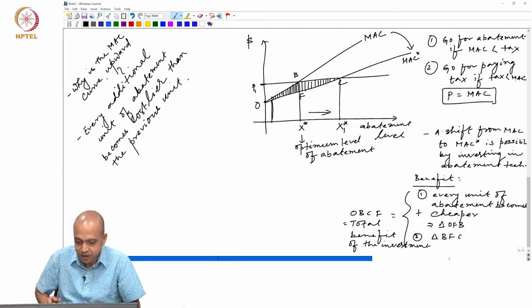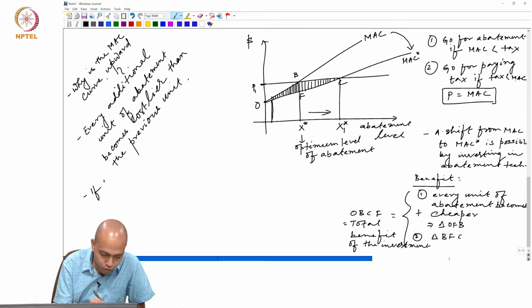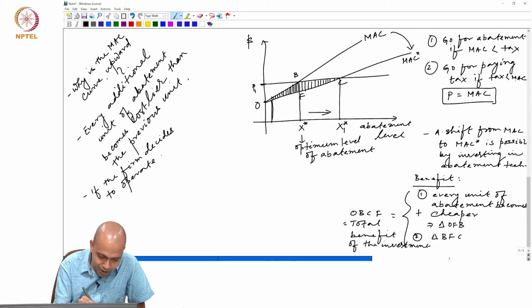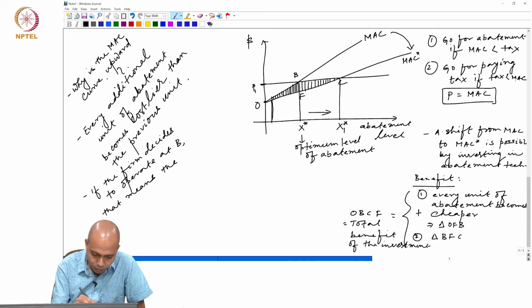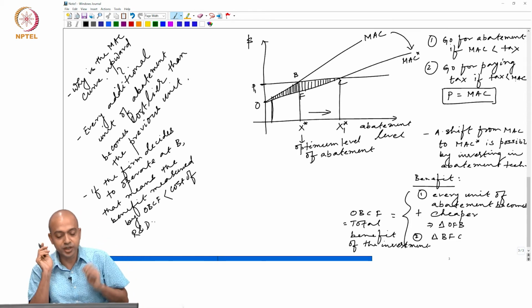So, if the firm decides to operate at B, that means the benefit measured by OBCF is less than the cost of R&D. That is what we can say. Okay.